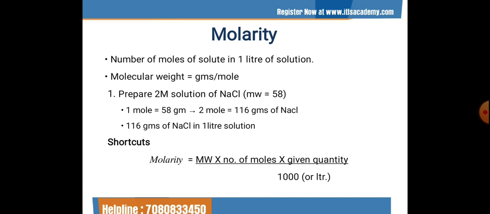Molecular weight is calculated by adding the atomic masses of the particular chemical; as I have told you, NaCl is calculated as 58. If we are taking the quantity in ml, we have to divide the whole formula by 1 liter or 1000 ml to give the concentration in grams per liter.